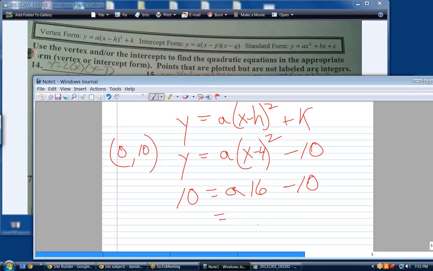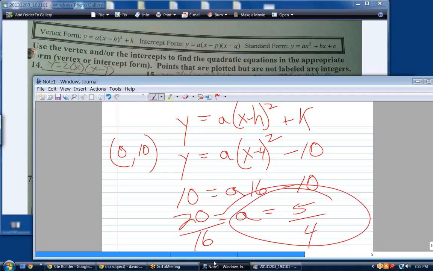Now what? Move the 10 over so it's 20 equals 16a. And a equals 5/4.